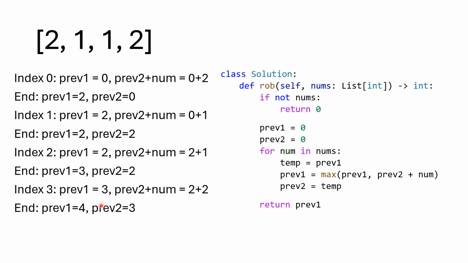And finally, we have our largest steal is 4, by skipping one number, because we will abandon this number 3 and get our biggest steal, which is number 4.